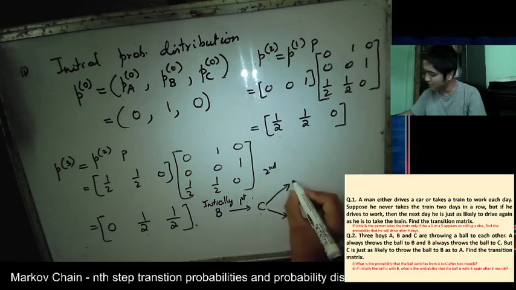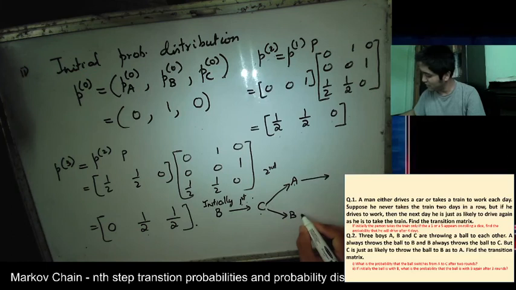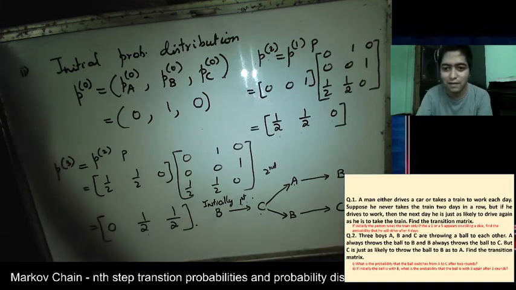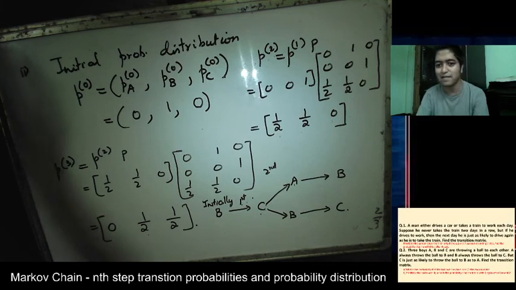After the second round, the ball will be with A or with B. In the third round, the ball will be with B or with C. So it's an equal chance.